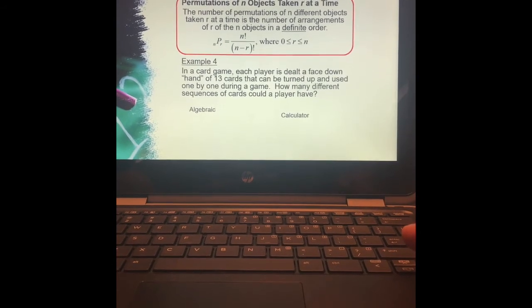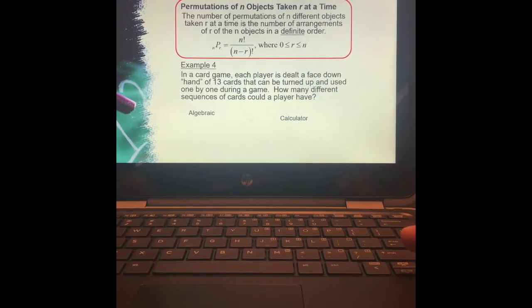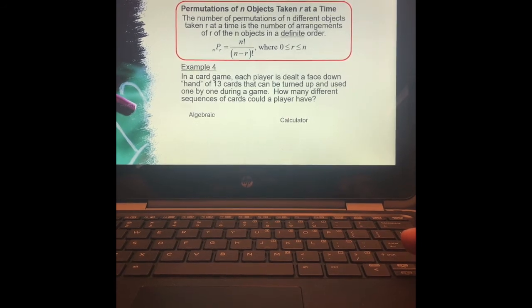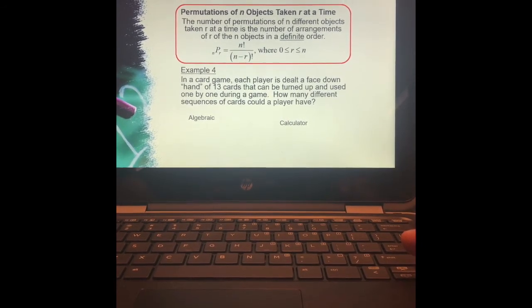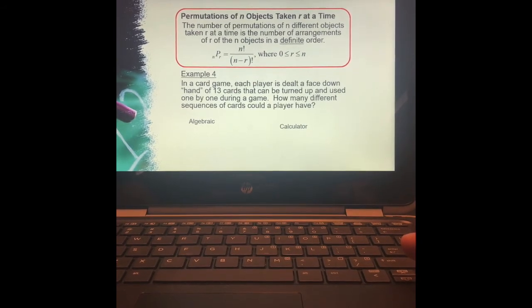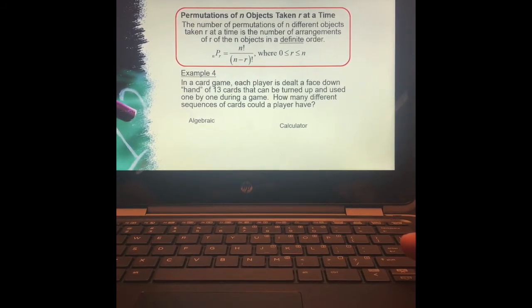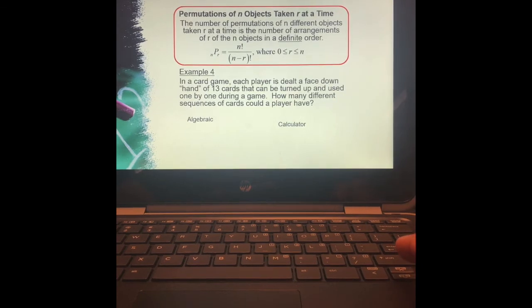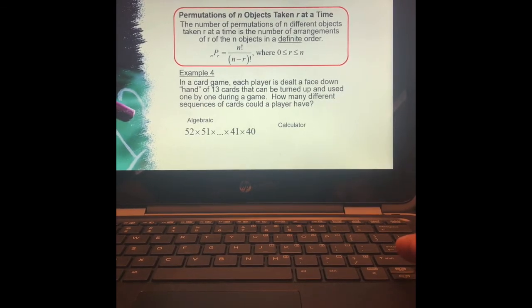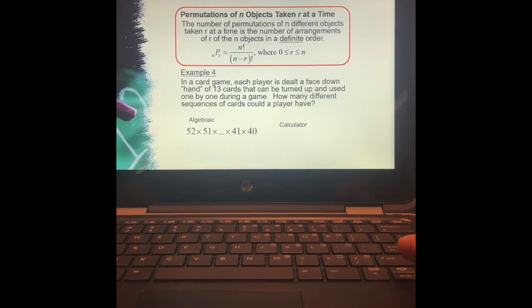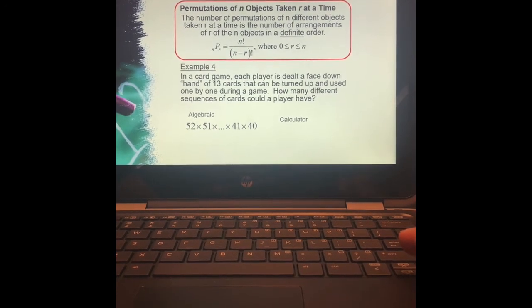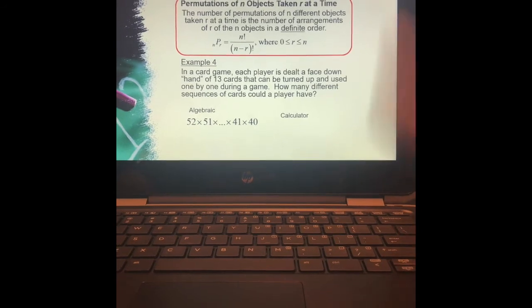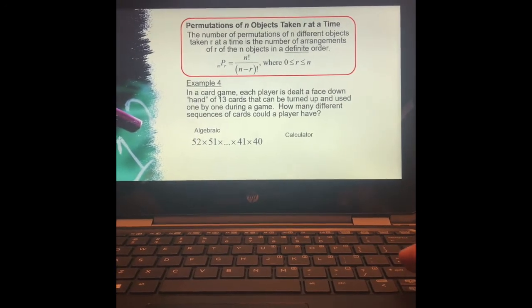In a card game, each player is dealt a face-down hand of 13 cards that can be turned up and used one by one during a game. How many different sequences of cards could a player have? So, how many cards are in a deck? There's 52 cards in a deck. You need 13 of them. So you could do 52 times 51, and you just do that 13 times.